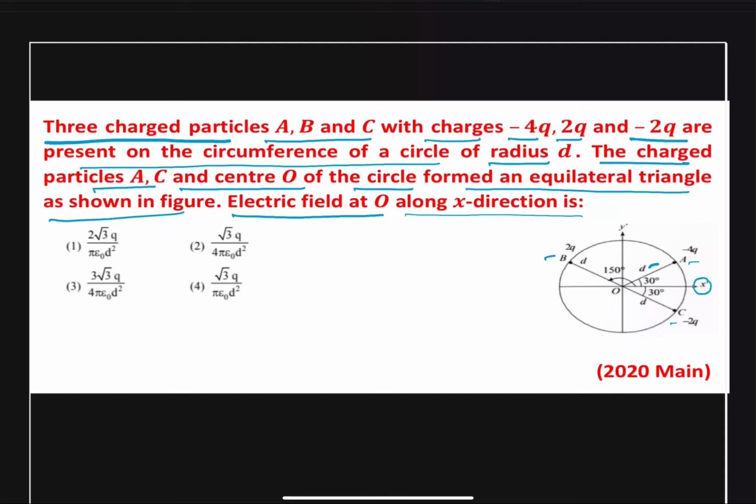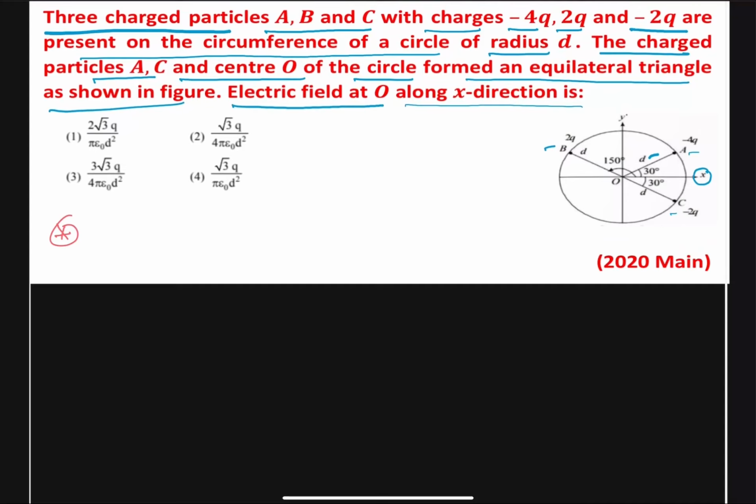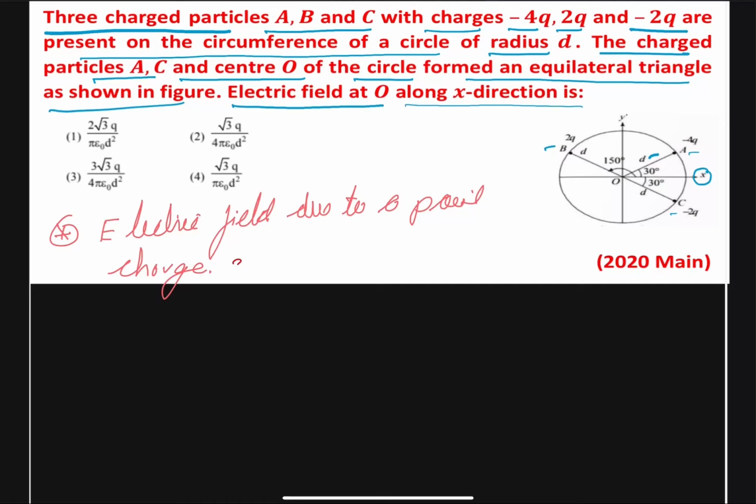So the general formula for the electric field we know: the electric field due to a point charge Q at a distance r.